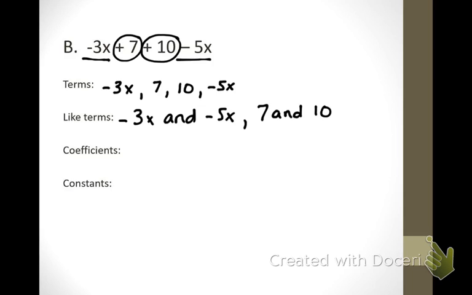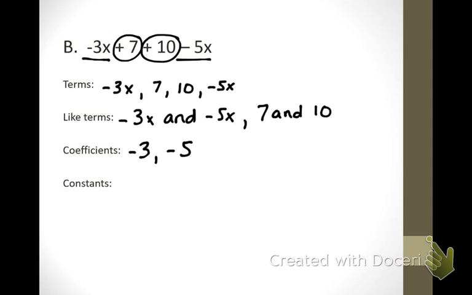Okay, remember, a coefficient is attached right next door to a variable. It's the number part of the variable term. Negative 3, good job, because it's attached to the x. And what else? Negative 5, because that's also attached. But notice he did not tell me to put the x there, because the coefficient is only the number part of the variable term.